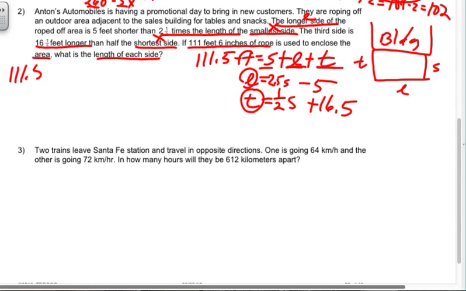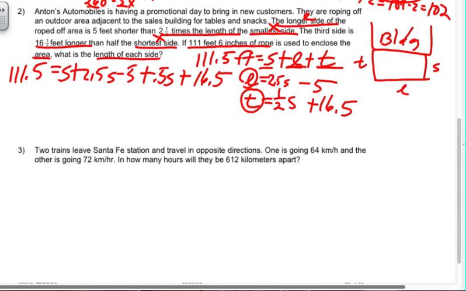So I'm going to have 111.5 equal to S plus 2.5S minus 5 plus 0.5S plus 16.5. And now we're going to solve for S. Okay, so I'm going to combine all my S's.